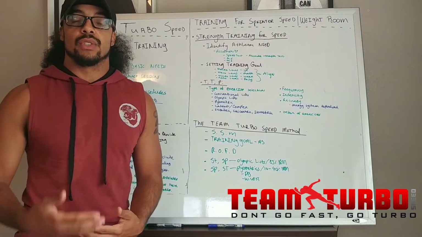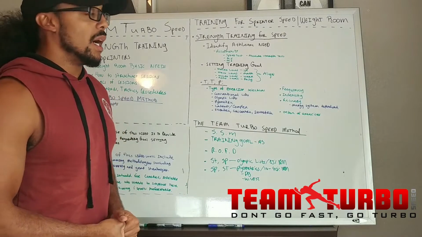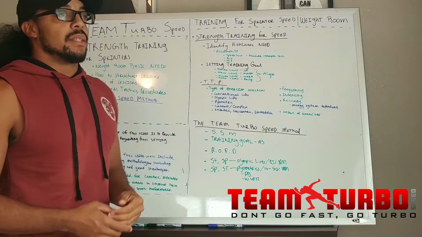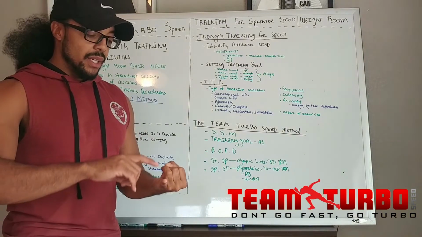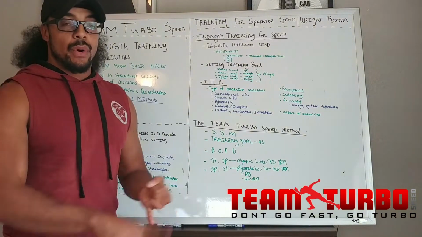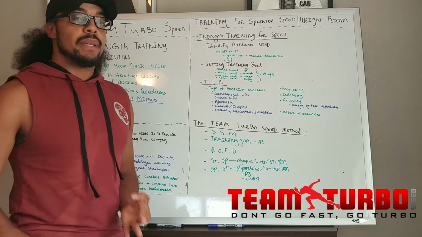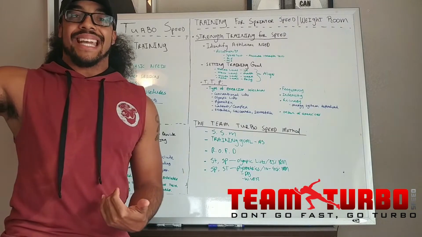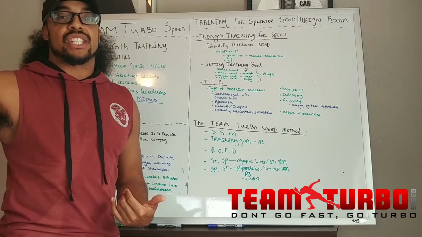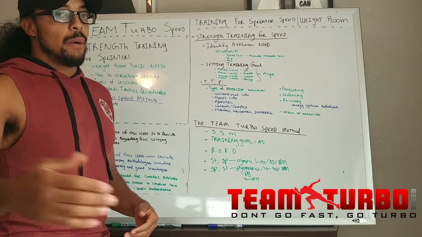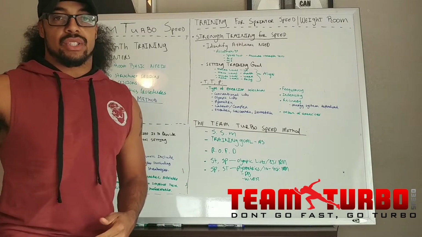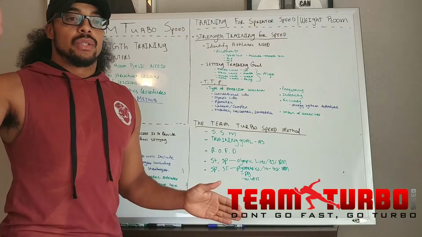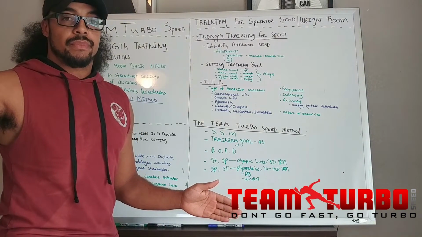So get yourself a spreadsheet, use Excel, use Numbers on Apple or Google Docs or whatever you happen to use, and you're just going to write down the different types of speed tests, and those are the 20-meter dash, the 40-meter dash, the 60-meter dash, the 100-meter dash, the 200-meter dash, all the way up to about the 800-meter dash. And then if you're a football player, you can switch the meters to yards. But you want to do from 20 to about 200 meters of testing.